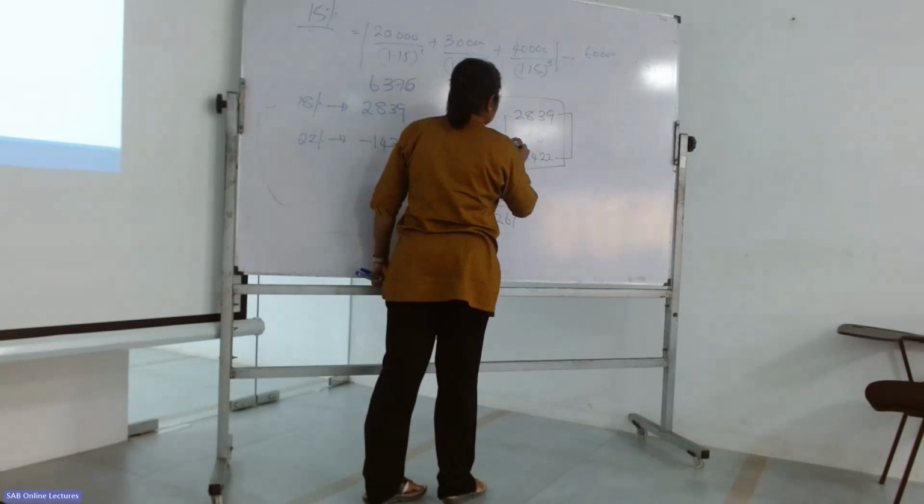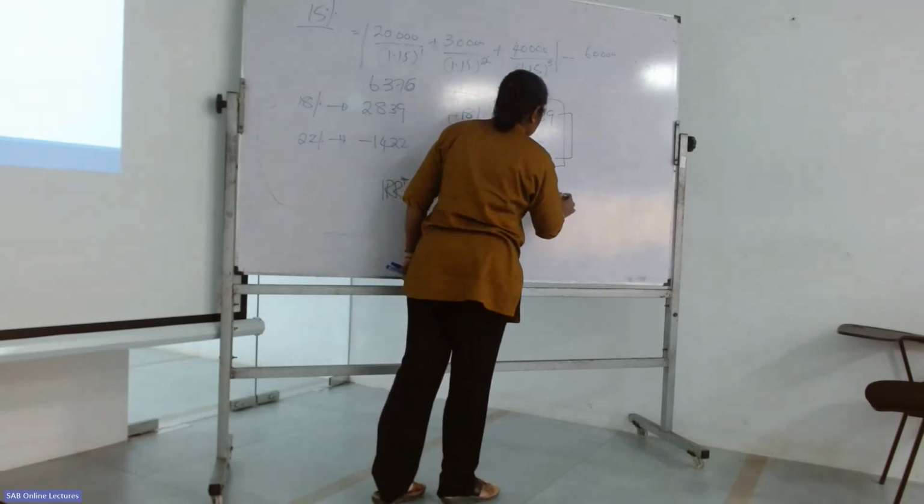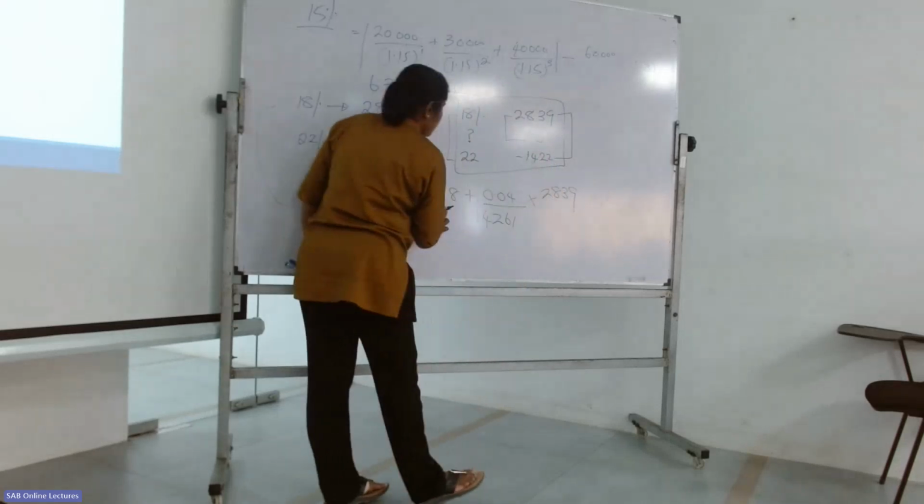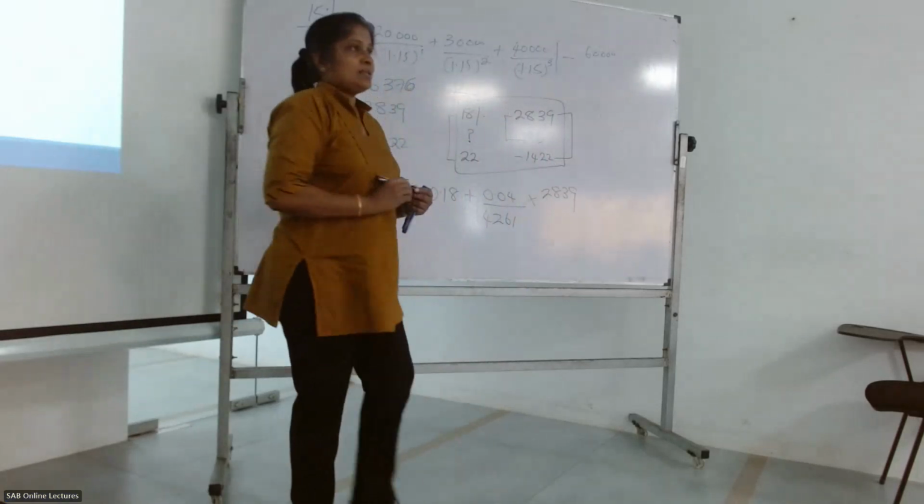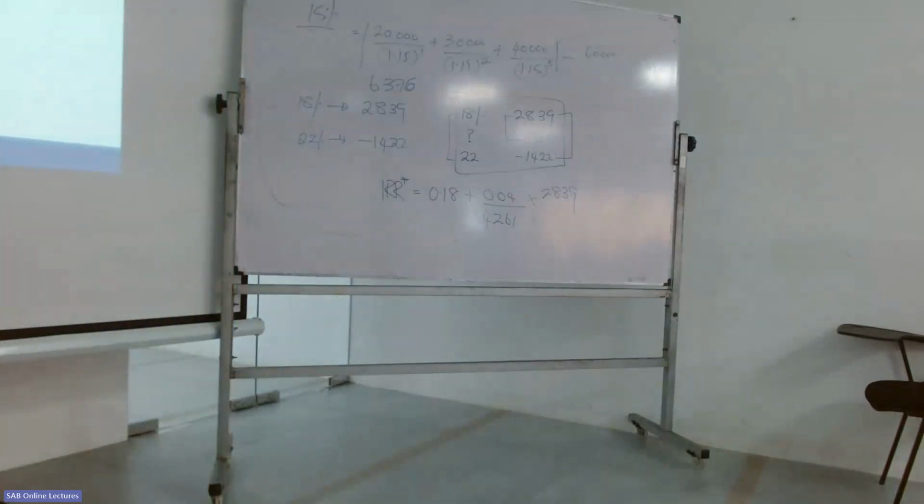So for 2,839, how much should the 18% increase? So the IRR is how much? It is 20.67%.